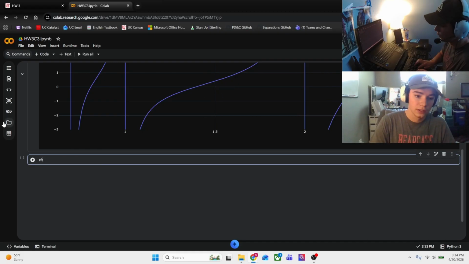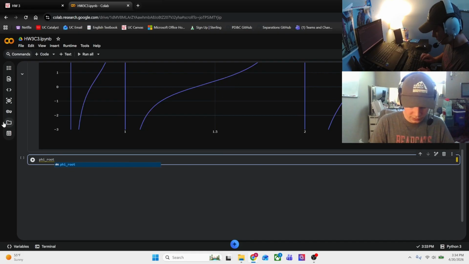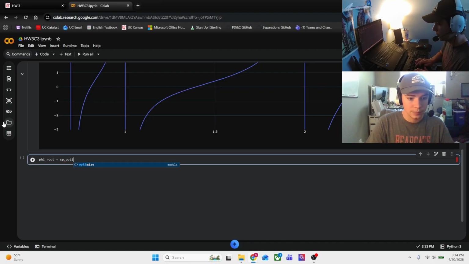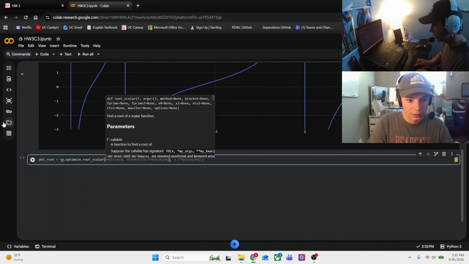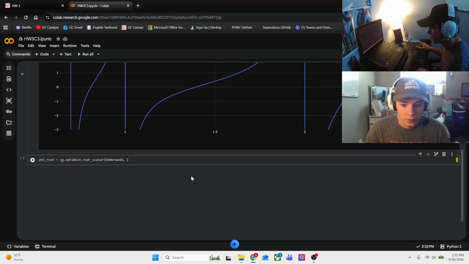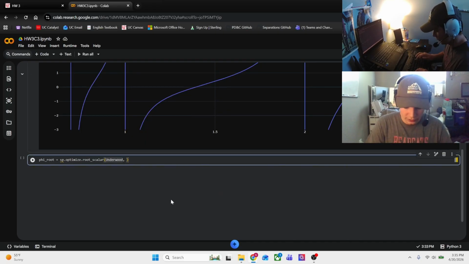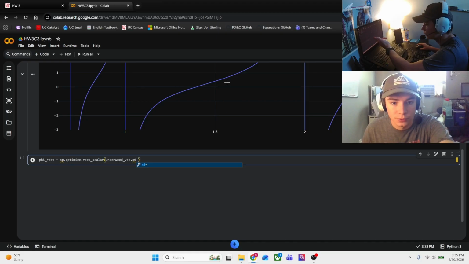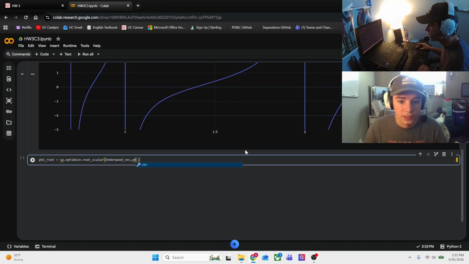So we're going to call phi_root equals scipy.optimize.root_scalar of our Underwood vectorized, and our initial guess, as we said, we're looking for the value that's right around in the middle there.